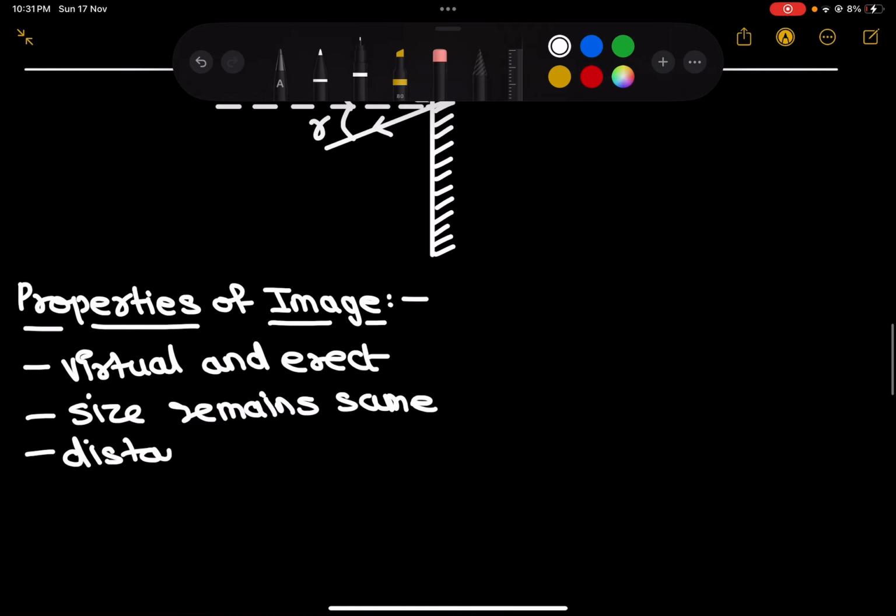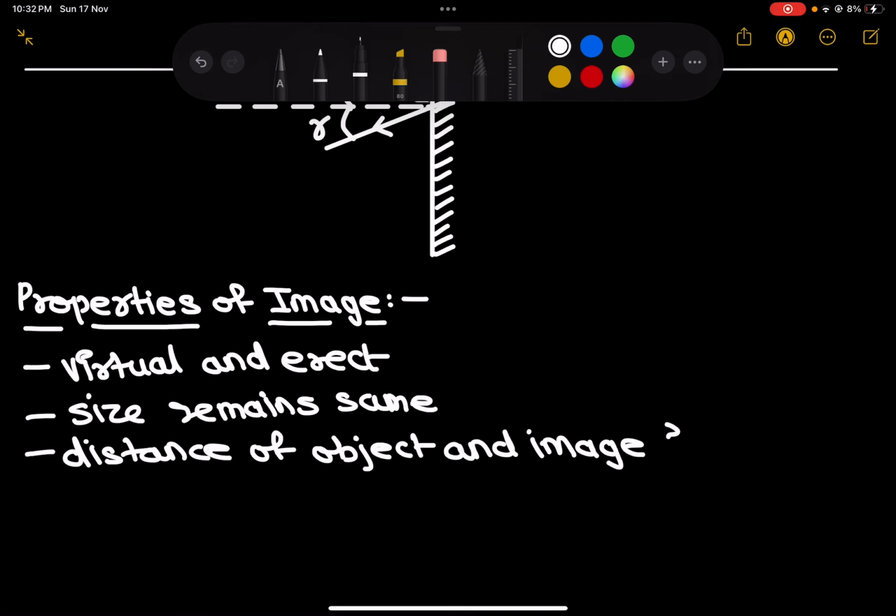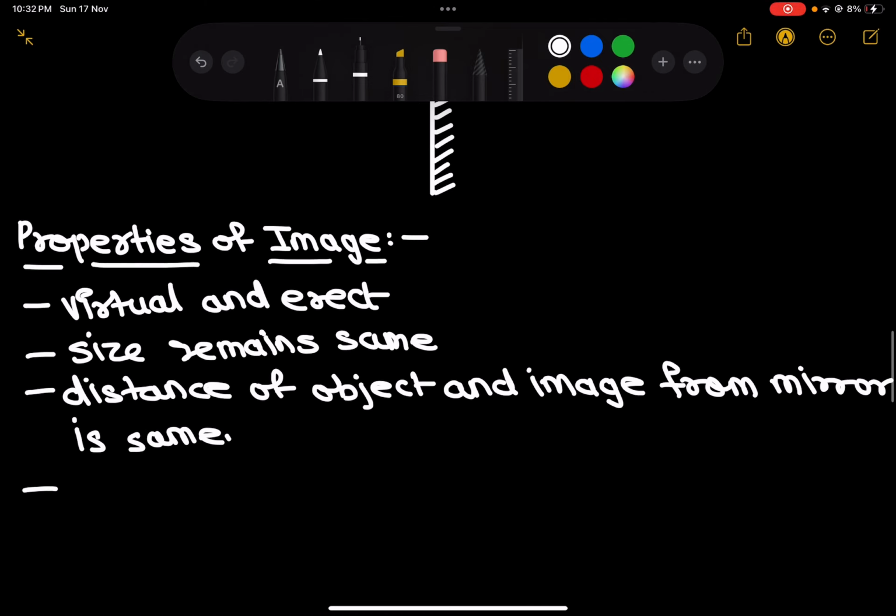Distance of object and image from mirror is same. So this is also an important property.